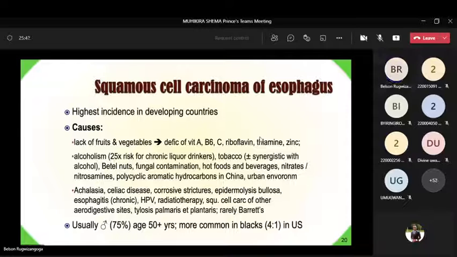Alcoholism: those who drink alcohol have a 25-fold risk of developing squamous cell carcinoma of the esophagus as compared to those who don't drink alcohol. Tobacco also is known, and when someone takes both tobacco and alcohol, the risk increases. So there is a synergistic action of both.